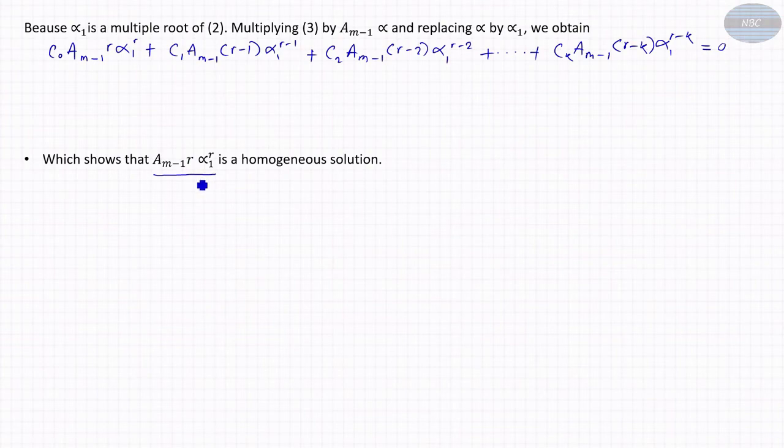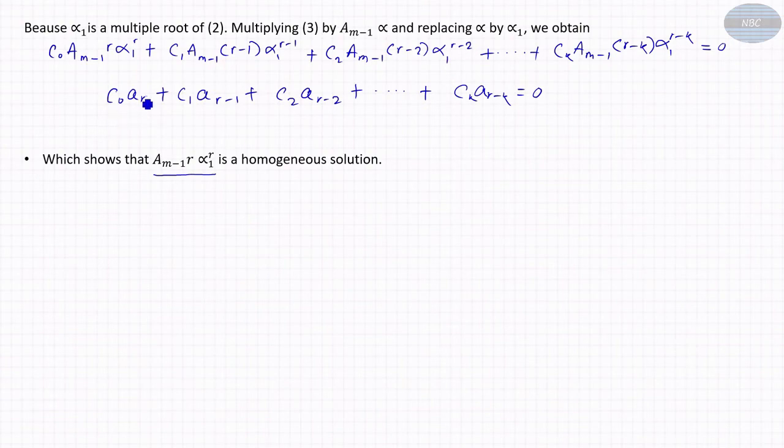We know that the kth order difference equation is c0 a_r plus c1 a_{r-1} plus c2 a_{r-2} plus up to ck a_{r-k} is equal to 0. You have to set the right hand side as 0 because you are solving for the homogeneous solution.